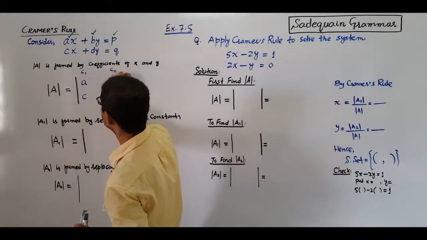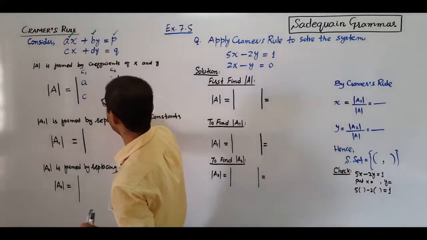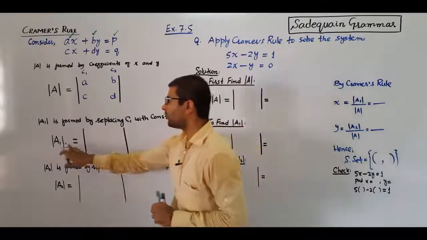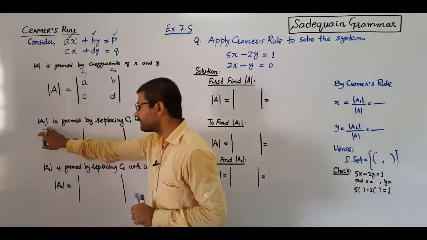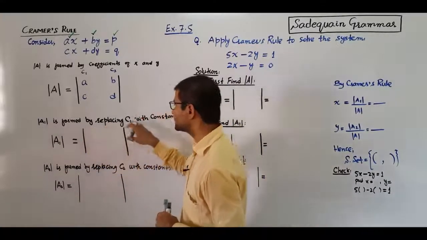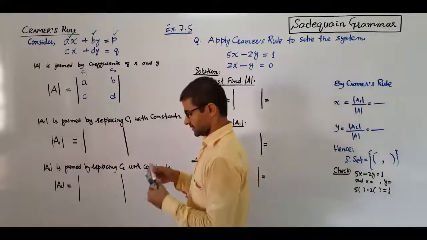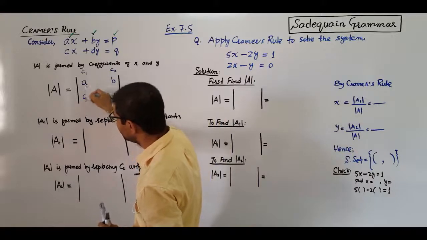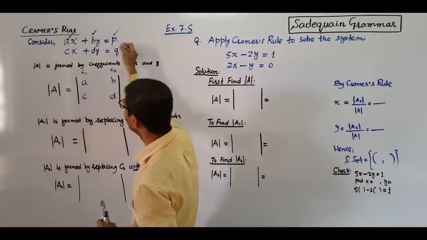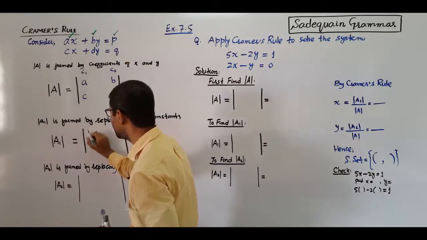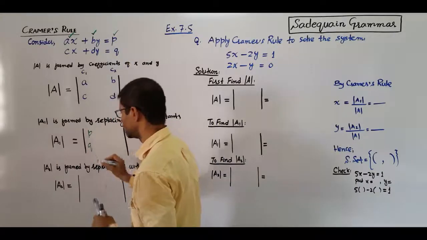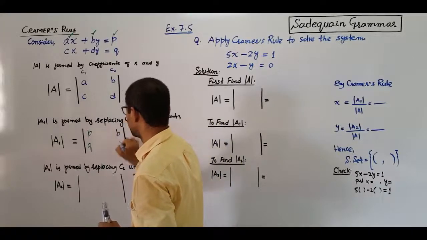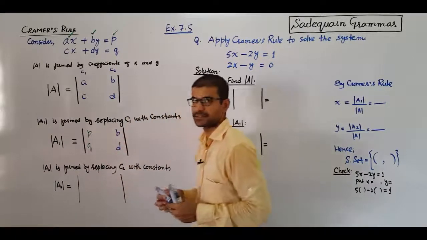In the second column, we will write the coefficients of y, b, d. Now, the A1 determinant is formed by replacing C1 with constants. So you have to replace a and c, the elements of the first column, with constants. Constants are p and q, then b and d. Second column as it is.